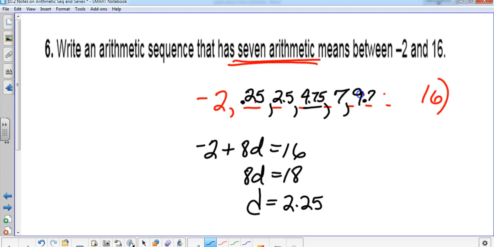Then 9.25. Then 11.5. I'm running out of room. Then 13.75. Then 16. Okay, 1, 2, 3, 4, 5, 6, 7. There's the 7 terms in between there, and that's really messy. Do you need me to rewrite that, guys? Everybody okay?